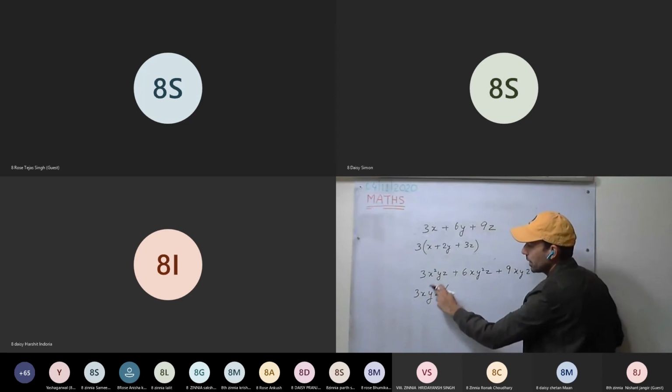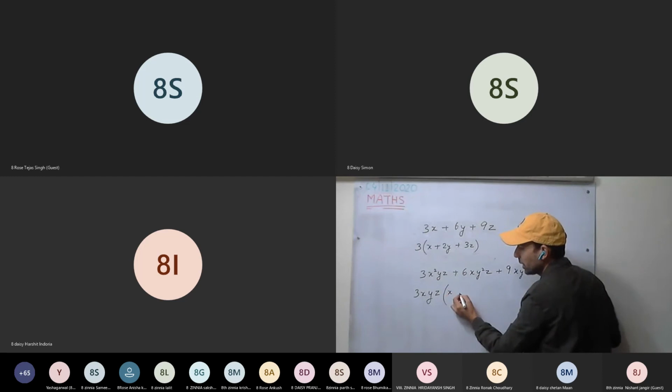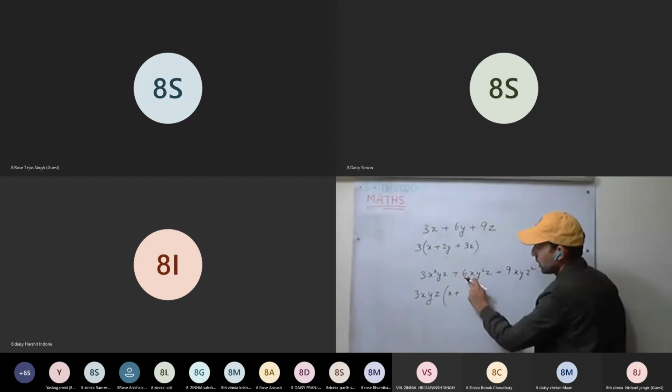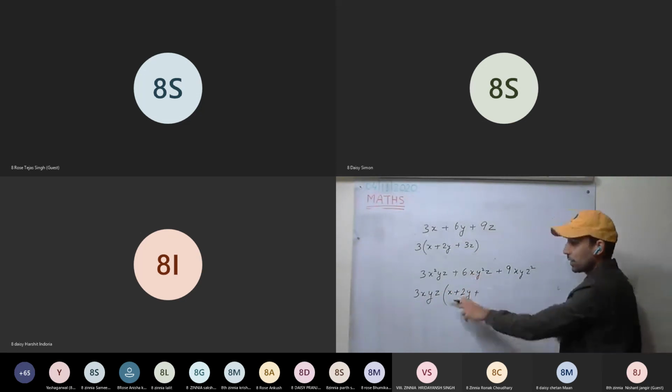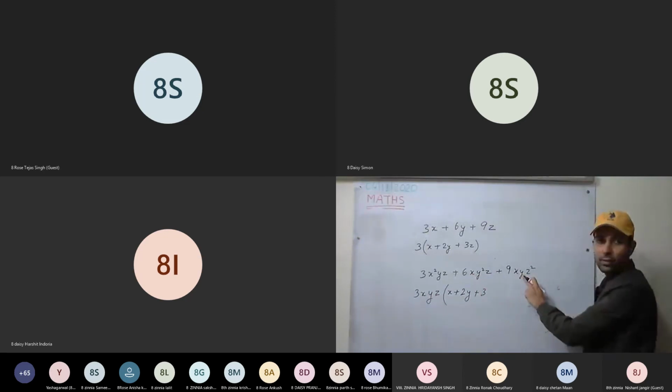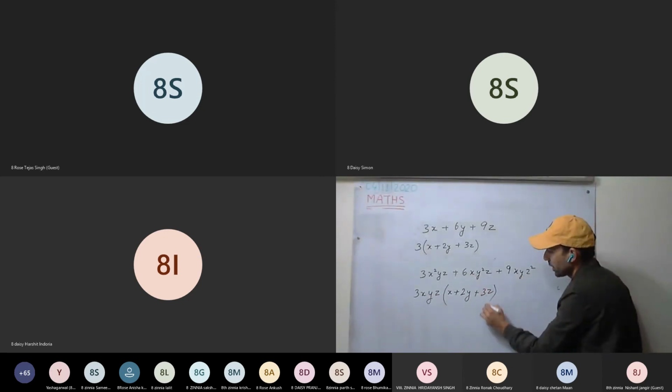So now what will remain if we divide? 3 is gone, x square divided by x, x is remaining. Now here 6, 2 is remaining, y, 2y. The rest we already took outside. Here 3xy we already took outside, 3z.